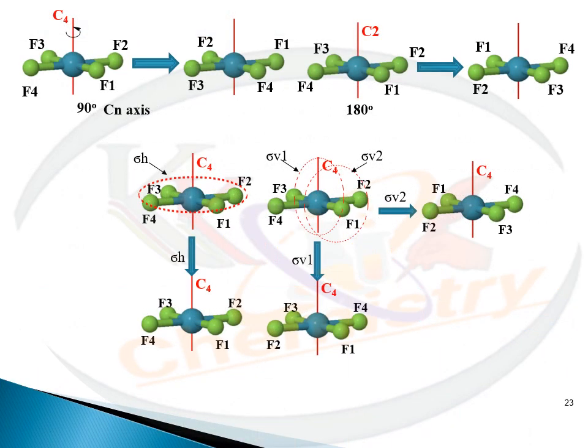Now here is a better picture of C4 and C2. If we apply the C4 operation, meaning a 90 degree rotation, this molecule has been rotated through 90 degrees. This hydrogen will be shifted.